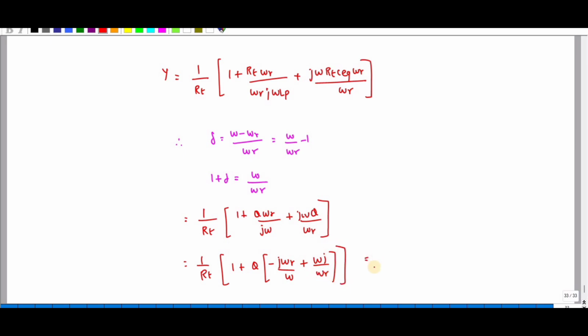So this I can write as 1 plus Q. Okay, I can take j common. So what is minus omega r divided by omega, that is 1 plus del, plus omega by omega r is 1 plus del.